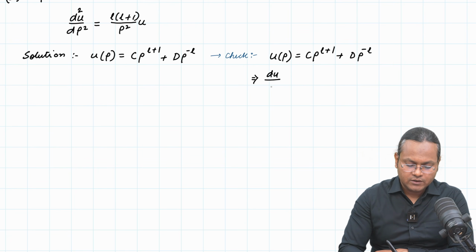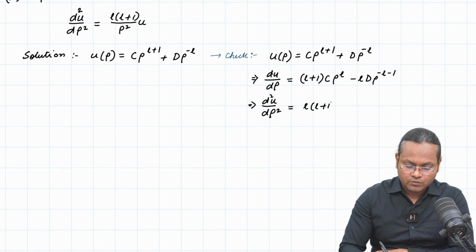So du upon d rho is simply equal to (l plus 1) C rho to the power l minus l D rho to the power minus l minus 1, and d2u upon d rho 2 is equal to (l plus 1) l C rho to the power l minus 1, and minus l minus 1 can be written as minus (l plus 1), so plus l (l plus 1) D rho to the power minus l minus 2.